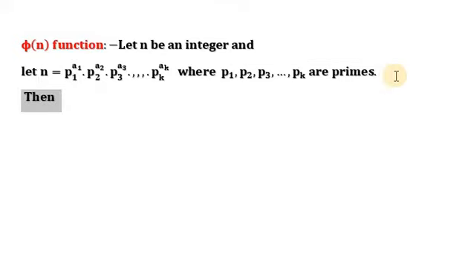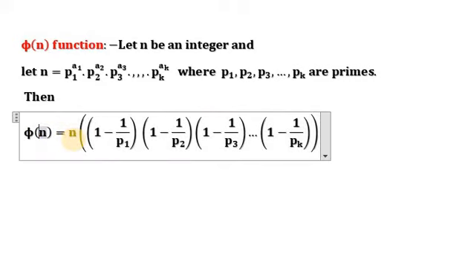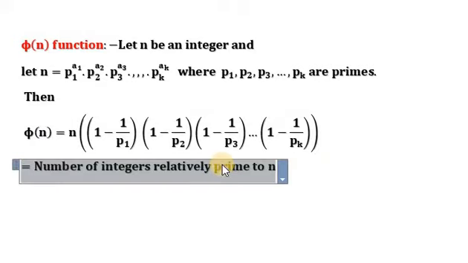Then phi of n is equal to n into 1 minus 1 by p1, into 1 minus 1 by p2, into 1 minus 1 by p3, and so on up to 1 minus 1 by pk, which will give us the number of generators. So the integers relatively prime to n will be our generators.